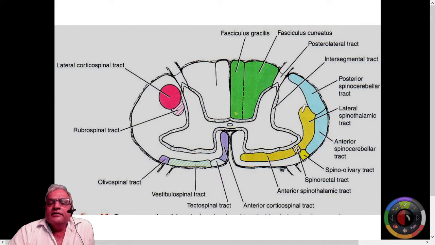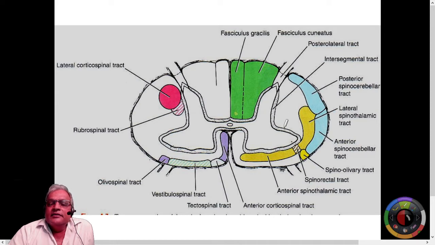And here you have the efferents, the general somatic efferent that goes out to supply the skeletal muscle. So these are the two basic nerves that get in and go out, and the nuclei.